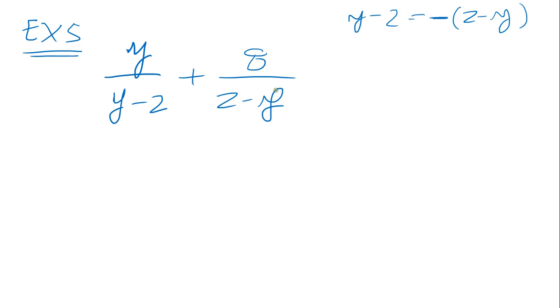They're the opposite of each other basically. You see this would be minus 2 plus y. So basically all I have to do is negate one of these. So I'll just choose the first one. So I'll just have this is y over y minus 2 times minus 1.